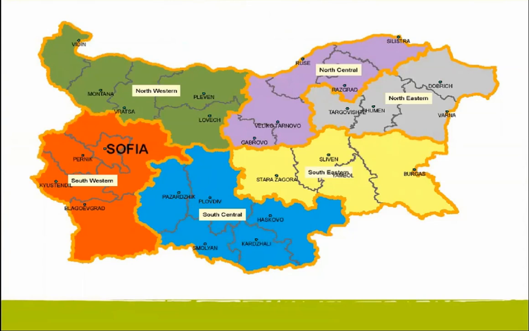Bulgaria is divided into 6 economic regions: northeastern, north central, northwestern, southwestern, south central, and southeastern. Each of these regions consists of 5 or 6 districts. All 28 districts are divided into a total of 266 municipalities.